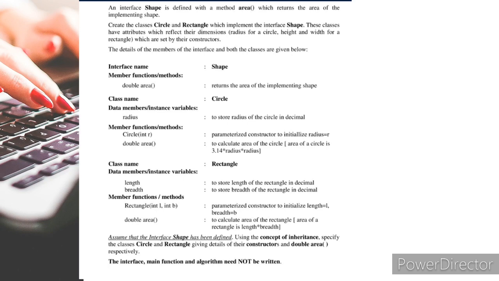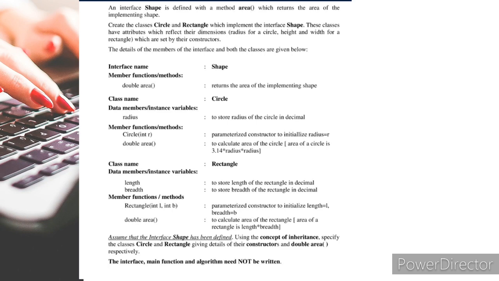Another class has length and breadth, a constructor, and again a double area. The common thing in these two classes, Circle and Rectangle, is double area, whose declaration is done under the Shape interface. Assume the interface Shape has been defined using the concept of inheritance. We need to solve this problem.